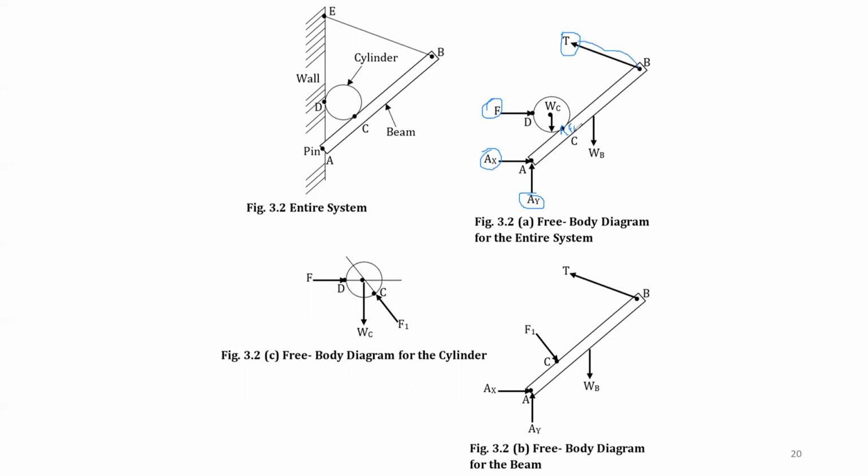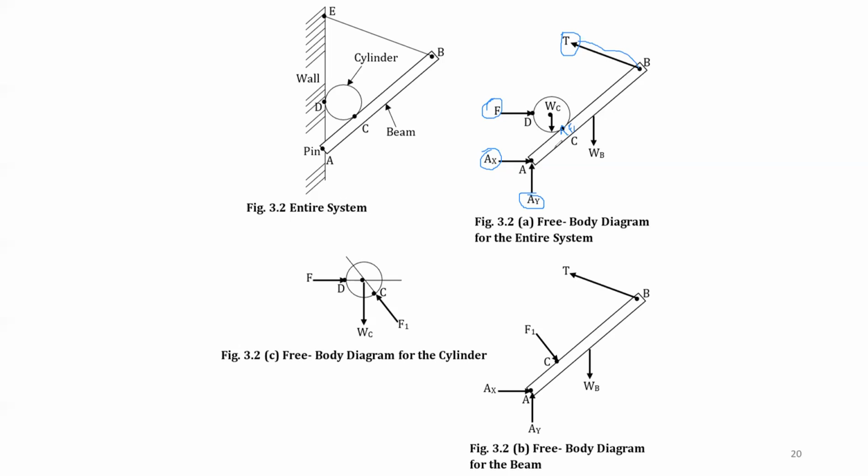You see. But because we have not isolated the cylinder from the beam, that F1 has not been stated. But even though it has not been stated, you should know that at the point where the cylinder is in contact with the beam, there's supposed to be a force which can be labeled by any alphabet. So if this is F, then we can say this is F1.